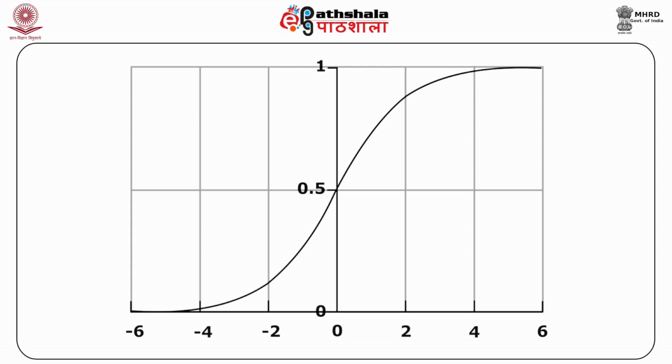Thereafter as x increases, by 2, 4, 6 and so on, you would notice that the sigmoid function itself is rising, but the slope gradually keeps on declining till a point where it tapers off and becomes a flattish curve, asymptotically parallel to the x-axis.